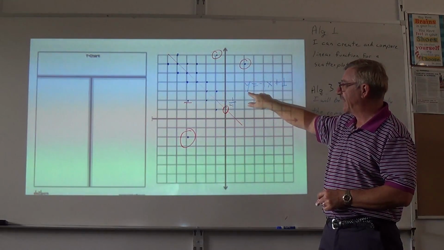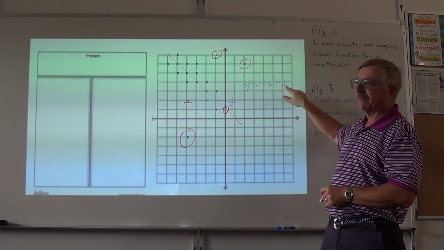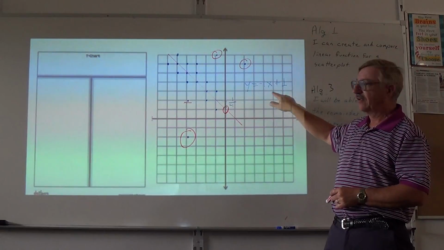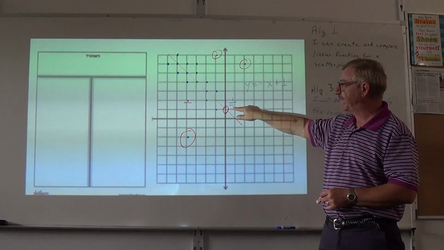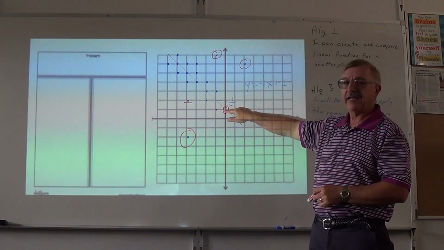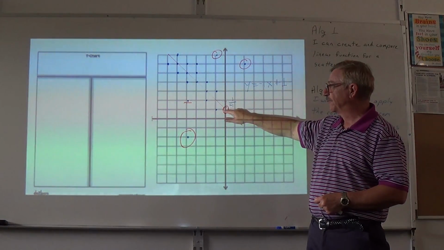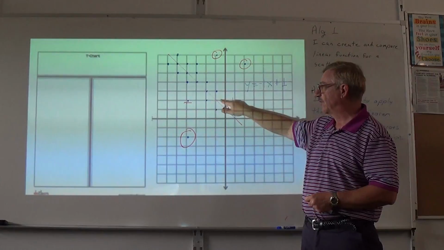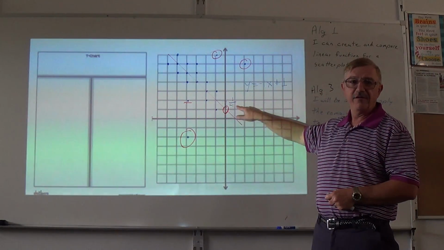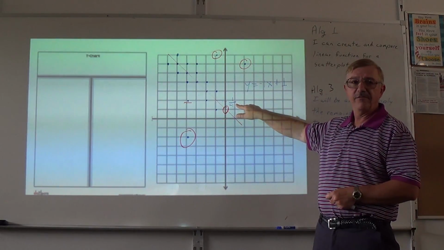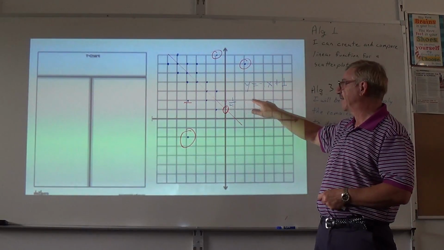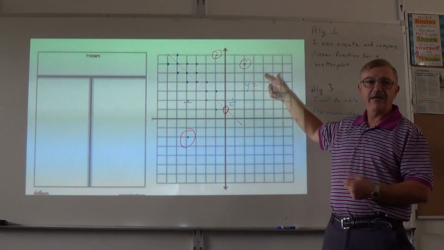So I know I'm going to have y, I know I'm going to have an x, and I know I'm going to have a b. So I find my b first, and then I count, looking at my graph. It's rise over run, so I go up 1, back 1, so it's 1 over negative 1. That's my slope. Slope is going to be a negative 1, and then I have my equation.